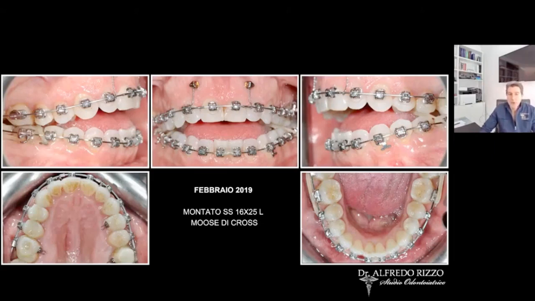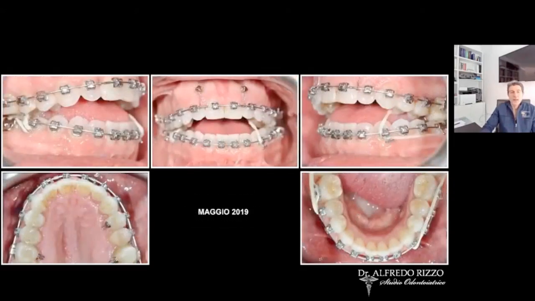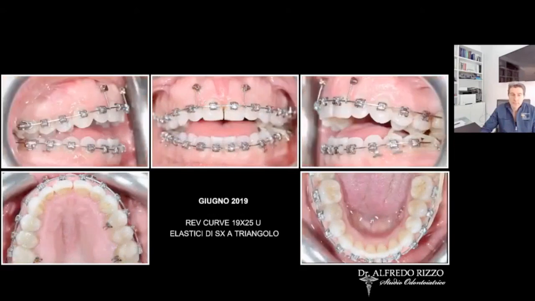After the 18/25 copper night tie arch wires have done their jobs, I have used stainless steel 16/25 arch wires in February in the lower jaw, while keeping the previous 18/25 copper night tie wire in the upper. In May, we keep the elastic arch wire in the upper jaw with cross elastics.